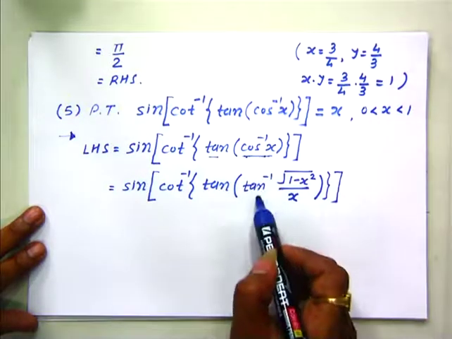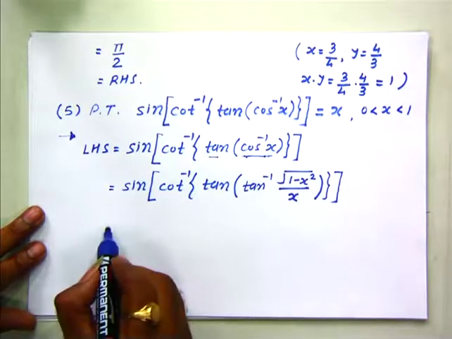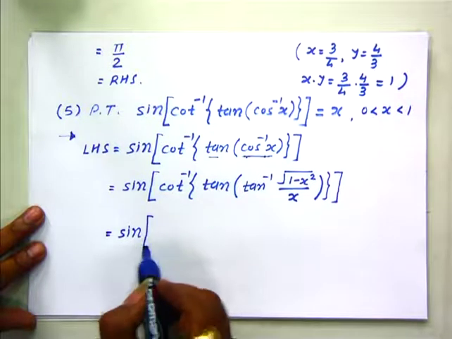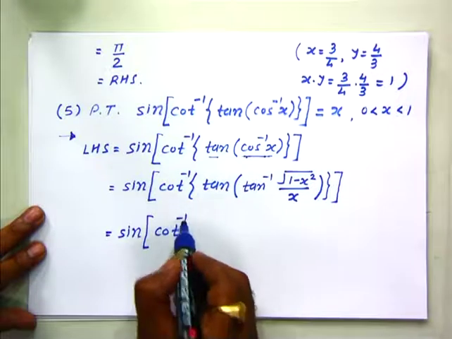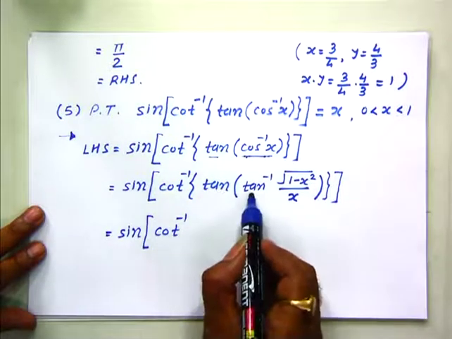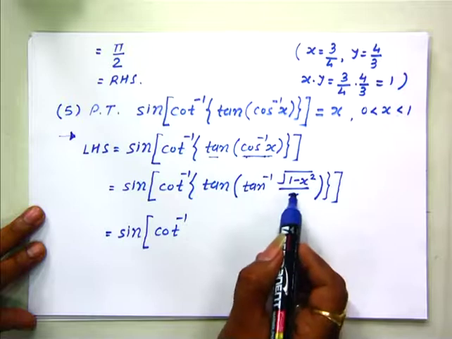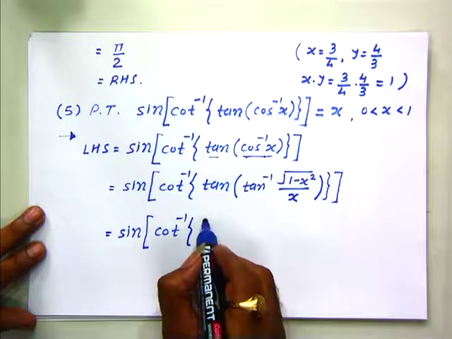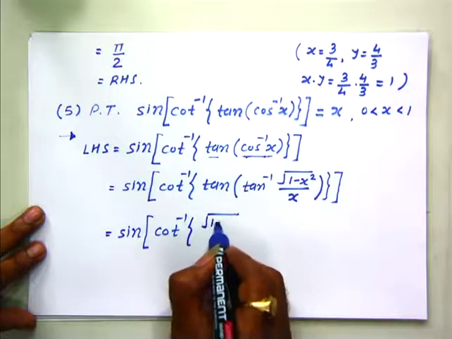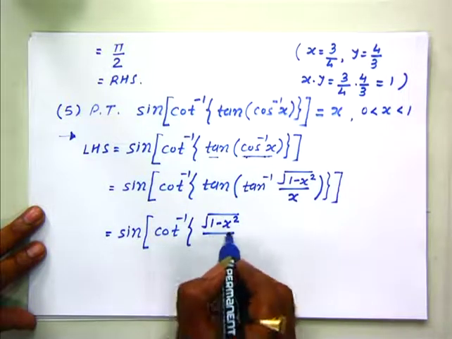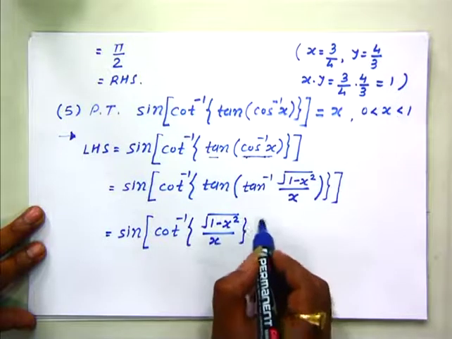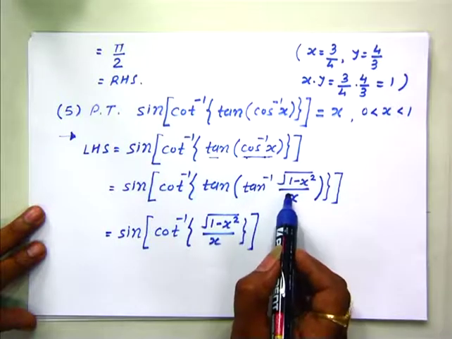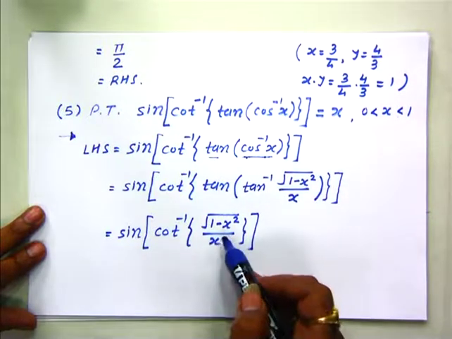This is interrelation formula. Now sine of cot inverse, now see this is tan and tan inverse, tan of tan inverse x equal to x. So we have this square root 1 minus x square upon x. Tan of tan inverse x equal to x, we have used that formula.